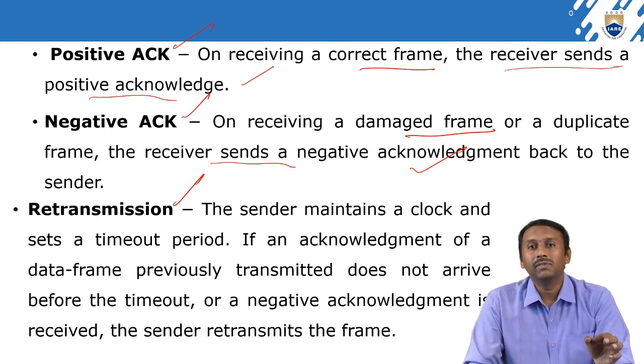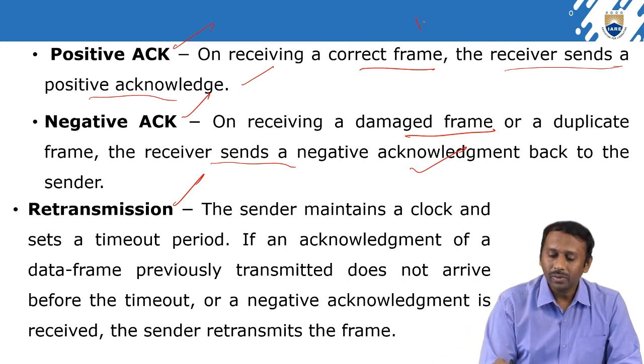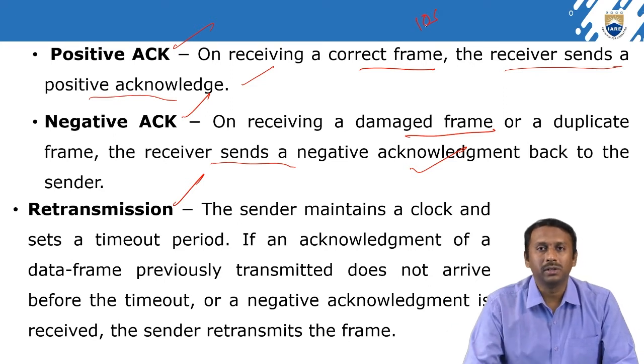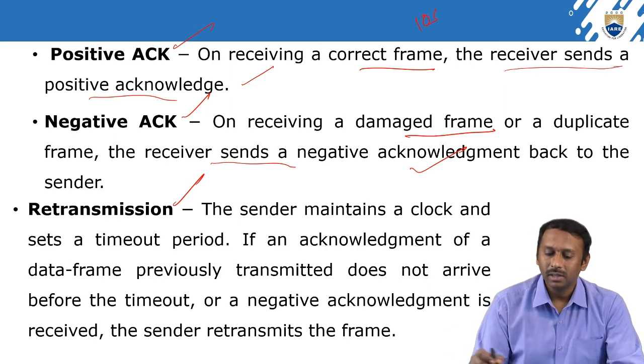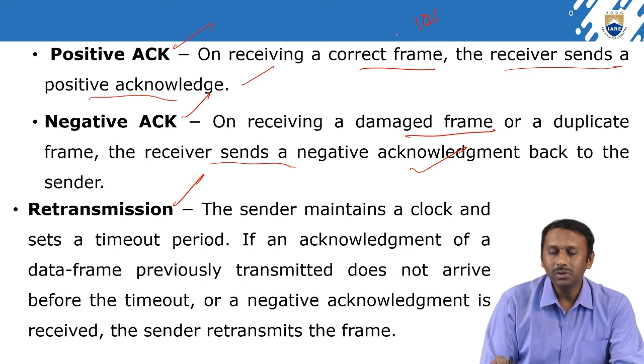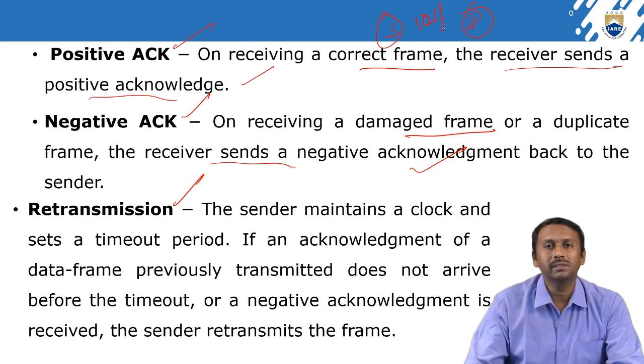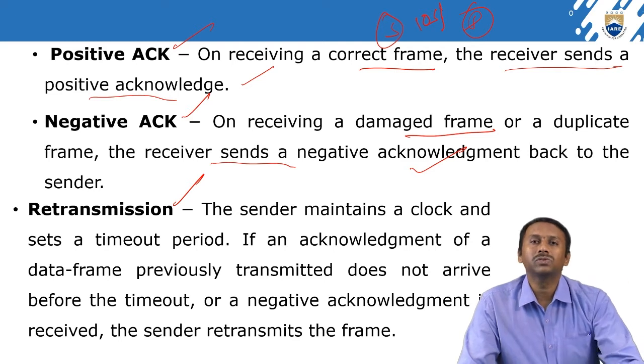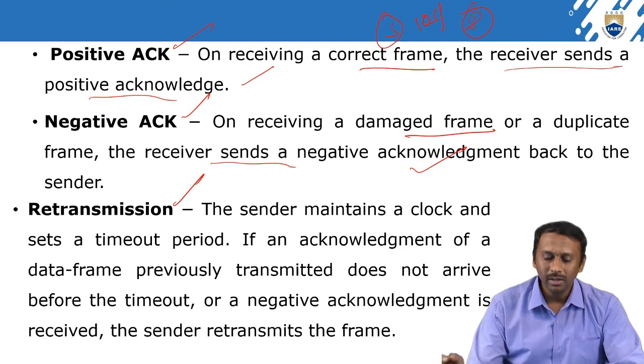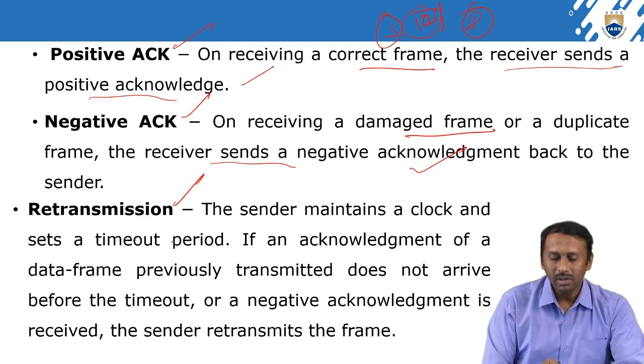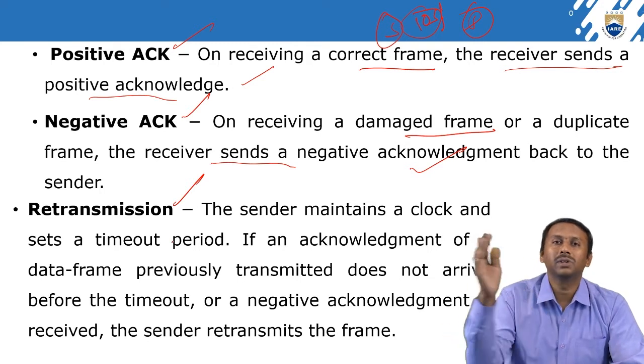So within the lifetime, for example 10 seconds, we can assume that within 10 seconds the data frame has to transfer across the network from source system to destination system. If it exceeds the 10 seconds, then the data frame is going to be lost. Then that particular data frame has to be retransmitted from sender to receiver.